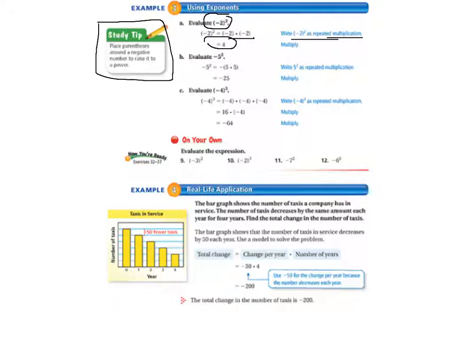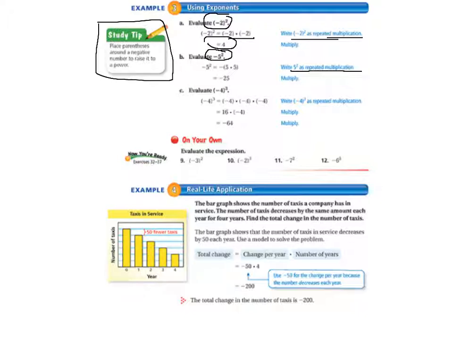Now let's look at letter B. We're asked to evaluate negative 5 to the second power, and there is no parentheses around the 5. So when we write 5 squared as repeated multiplication, we don't write each 5 in its own parentheses.